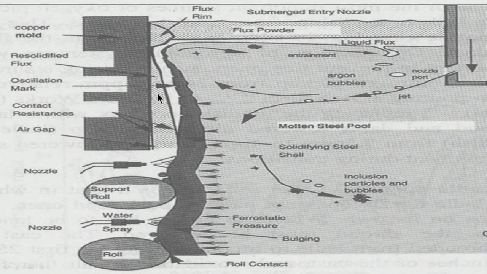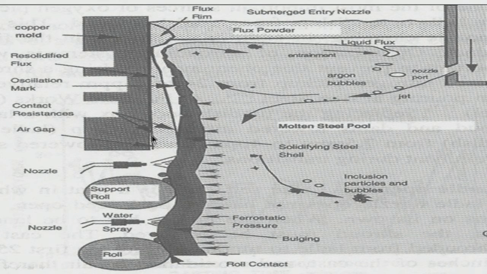First, there is liquid steel here, there is a molten slag here which is preventing the shell from getting in touch with the copper mold, and also there is a vertical movement of the copper mold. So, this helps the solid shell not to get stuck with the mold surface. This is very, very important.